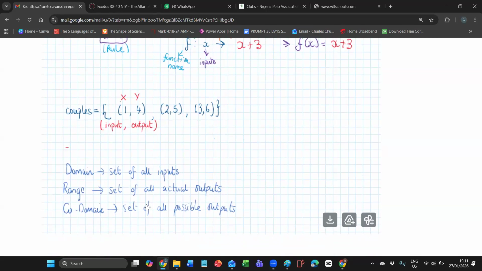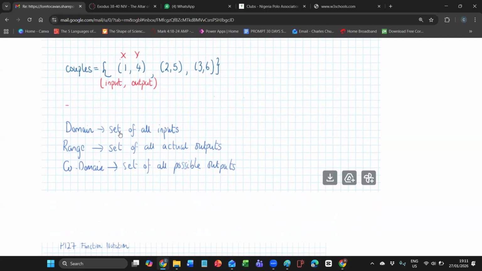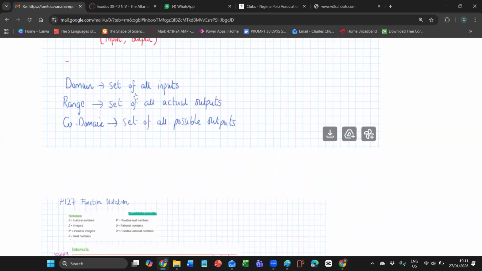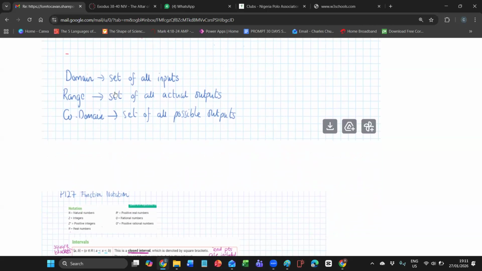Okay, so let's move on. Another thing there is the expression for the values of the input versus the output. All right, so this is like a summary. Domain is the set of all the inputs.